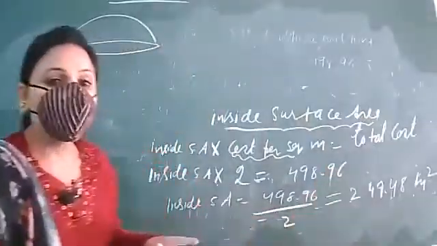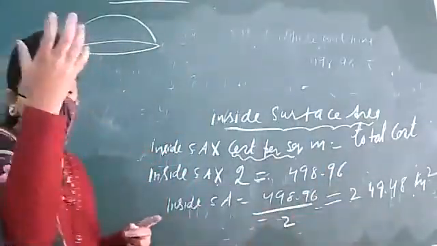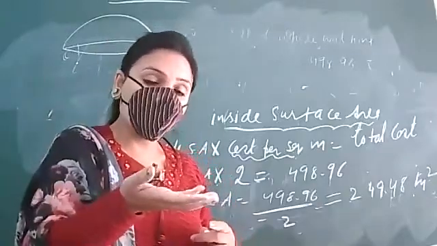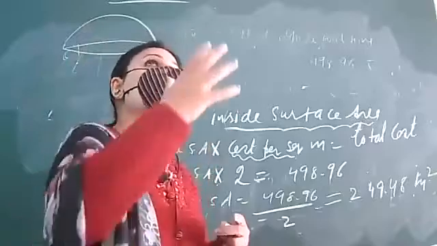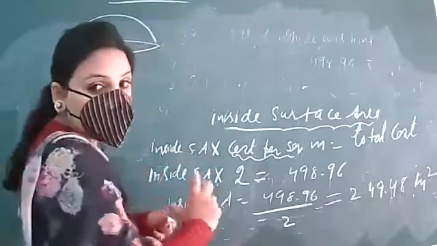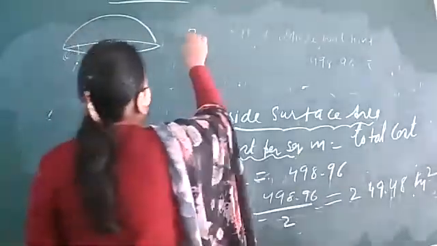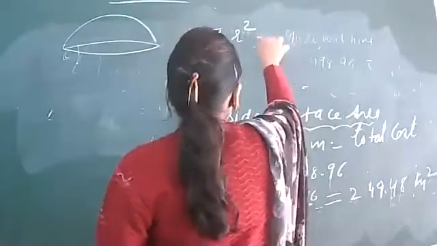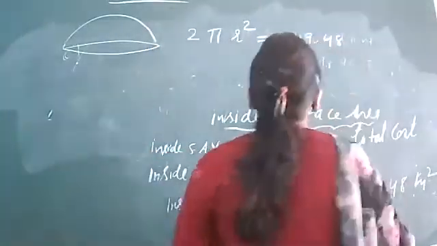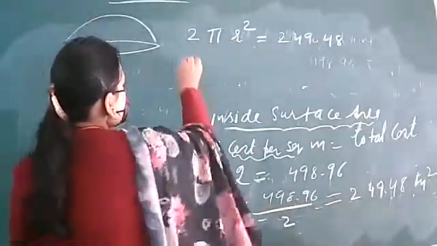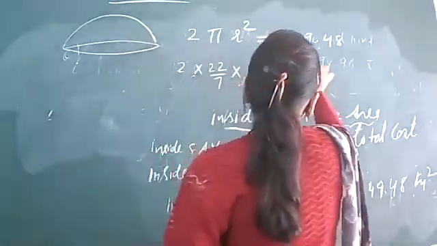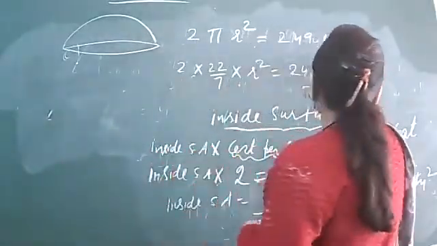So inside surface area, see, what do you understand? Inside surface area of the dome means its curved surface area, not the total surface area, because it is whitewashed from the inside only. लोगों ने अंदर जाना है, अंदर से ऊपर ऐसे देखना है, तो सिर्फ उसने इनसाइड वाला हिस्सा व्हाइट वॉश करवाया. तो इनसाइड सरफेस एरिया के लिए फॉर्मूला क्या लगेगा? 2 pi r square. This is 249.48. Right? This is 2 into 22/7 into r square equals 249.48.